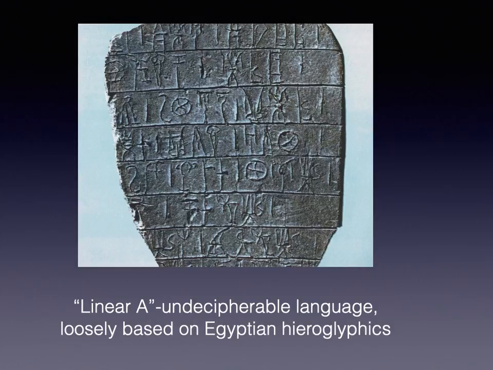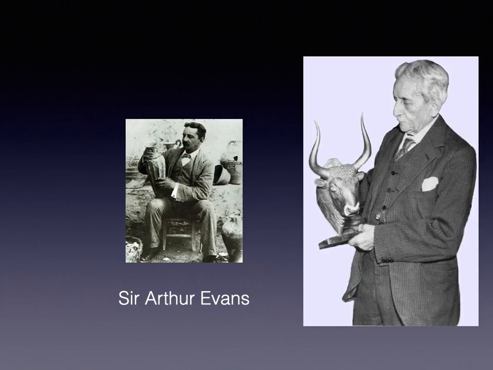Much of what we know about Crete depends on Arthur Evans, who purchased land on the island of Crete, and then proceeded to excavate where he believed a great palace once stood. There we see him, and there he is with the bull's rhyton, which we'll get to a little bit later in Minoan civilization.